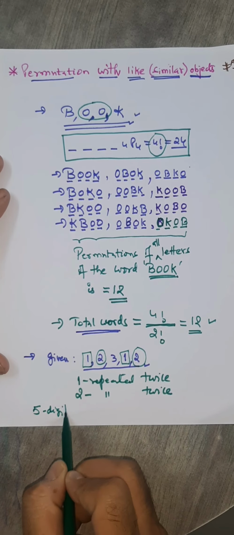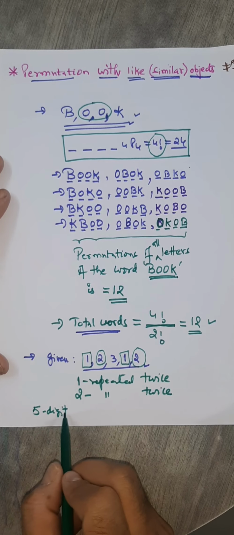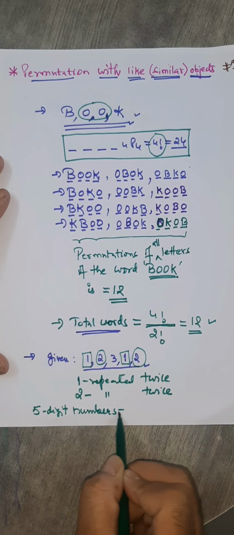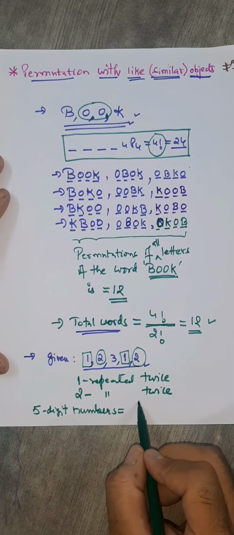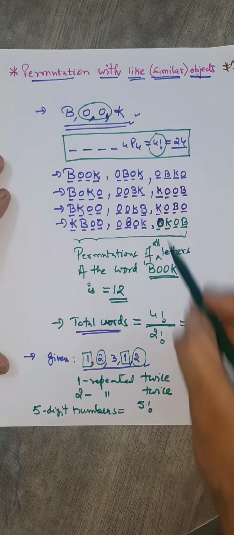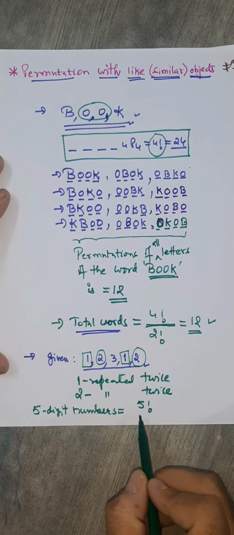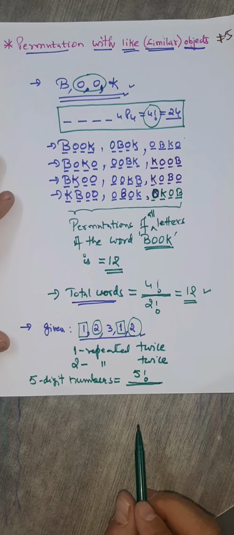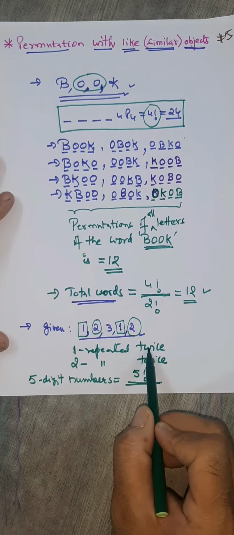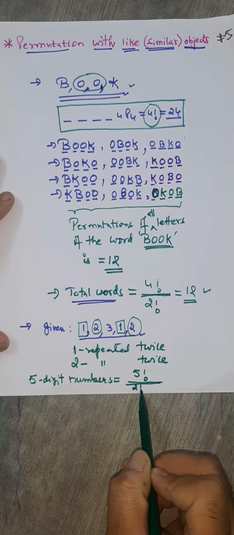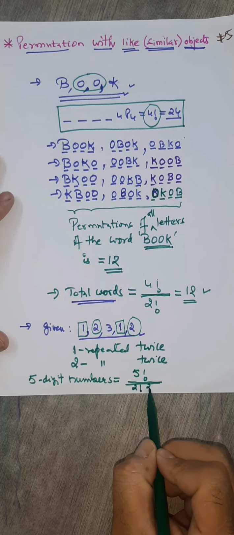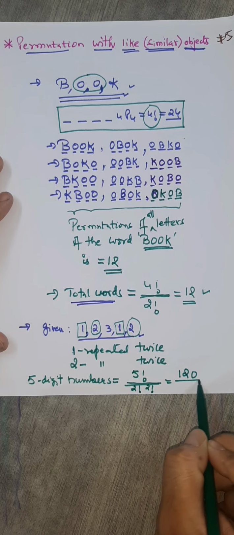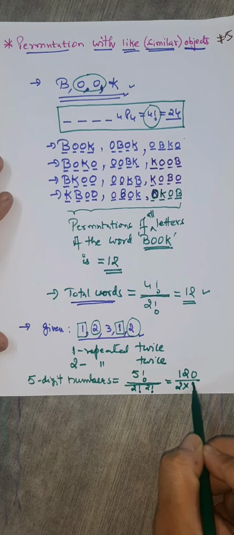Remember, we did such questions yesterday, in the last session. 5 digit numbers, we have to use all the digits. So what will we do? We will write 5 factorial. If it is 6 then write 6 factorial. Here it was 4 so I wrote 4 factorial. Upon, here upon, how many occurrences in total? 1 repeated twice, so upon 2 factorial. 2 repeated twice, so upon 2 factorial. 5 factorial is 120, 2 factorial is 2, here also 2.